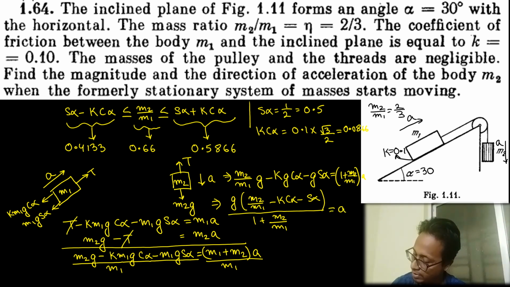Now if I take minus common out here, it will be k cos alpha plus sin alpha. See out here, m2 by m1 in the question, the value is given as 0.66.